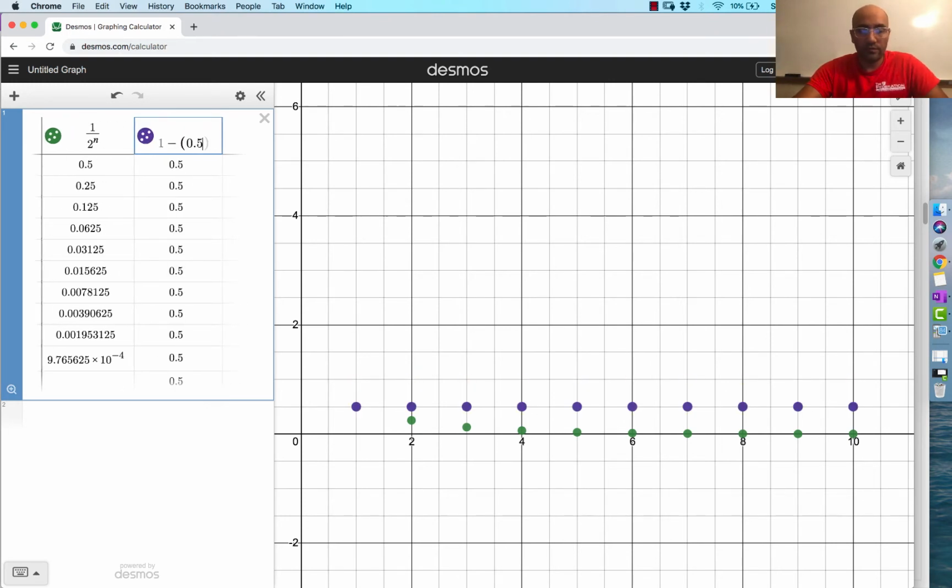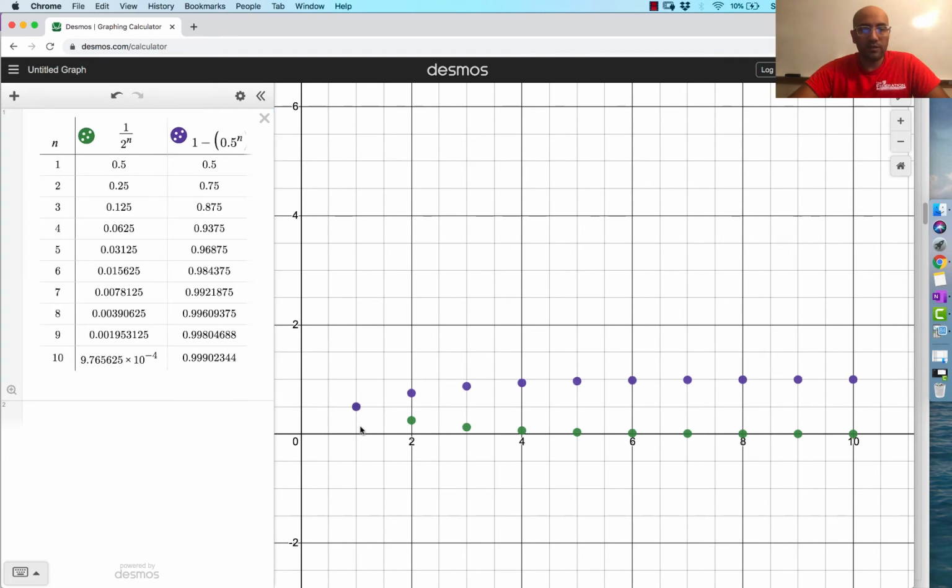Again, we'll revisit where this formula comes from in a little bit. And here they are. So 0.5, then the sum of the first two, 0.75, and the sum of the next one, and so on. Okay, so we can see that this is sort of the running sum of the first n values. And you can see that Desmos has already graphed it.